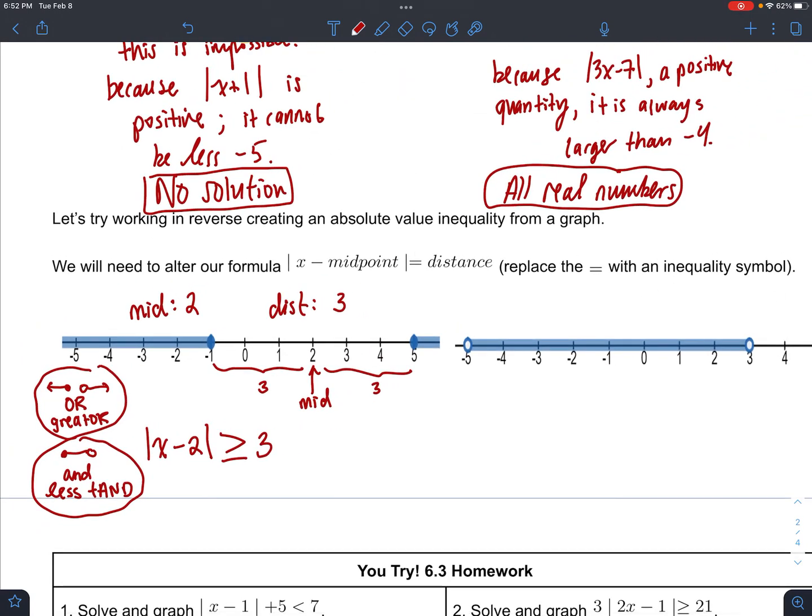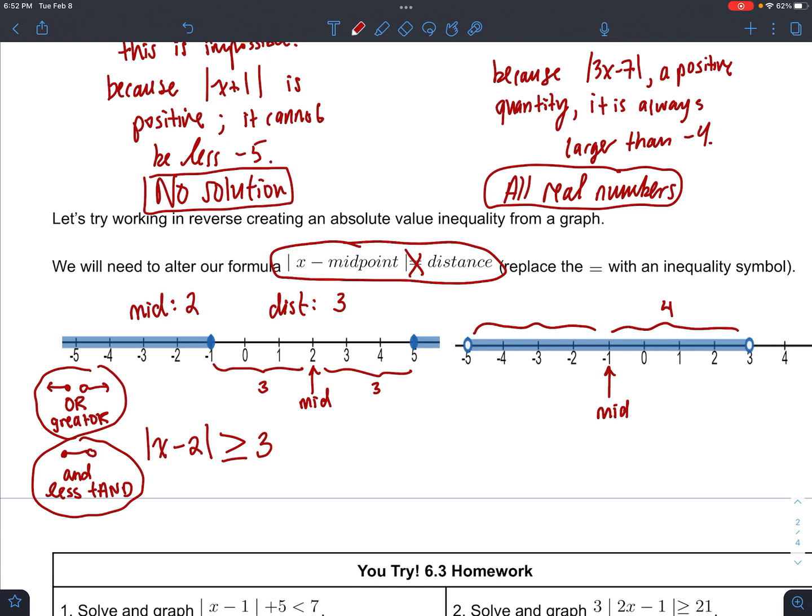Because this next one looks more like an and. It's joined together. So the midpoint looks to be, just eyeballing it, right here. And the distance to the open circle is 4 in both ways.